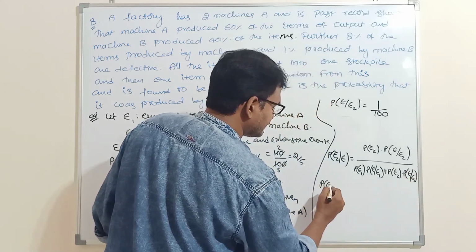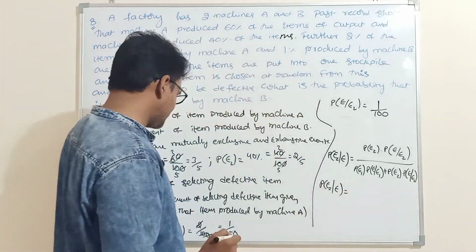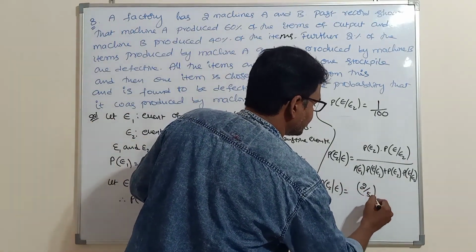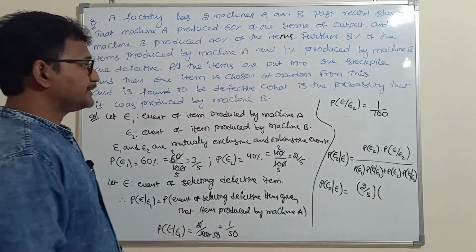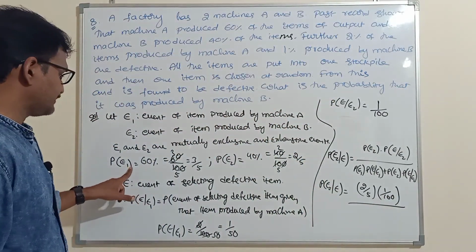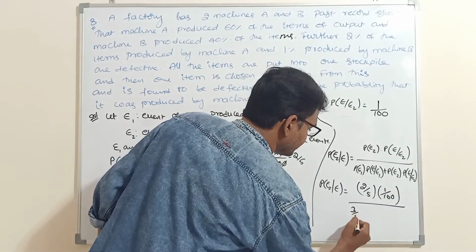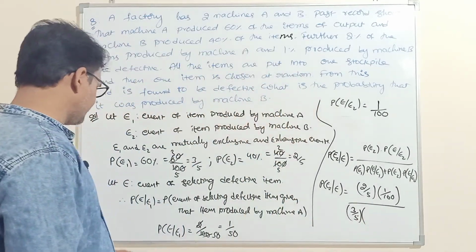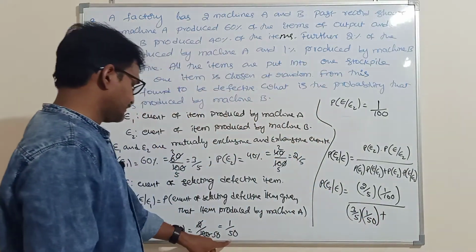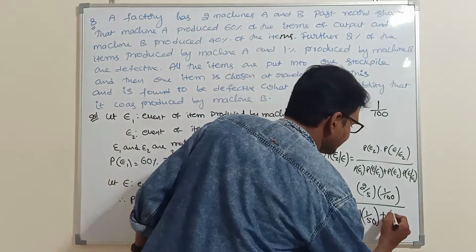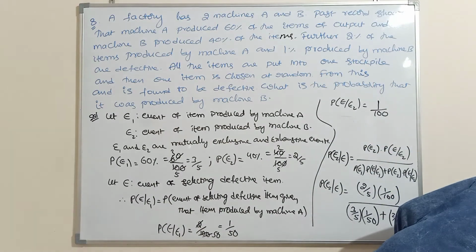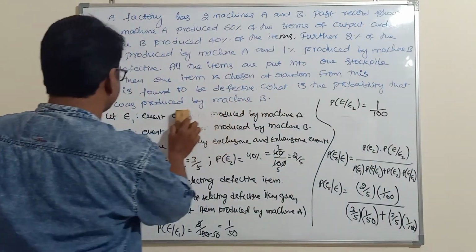What is the P of E2 value? 2 by 5, into P of E given E2 is 1 by 100, divided by P of E1, which is 3 by 5, into P of E given E1, which is 1 by 50, plus P of E2, 2 by 5, into 1 by 100. If you simplify this, how much will we get?